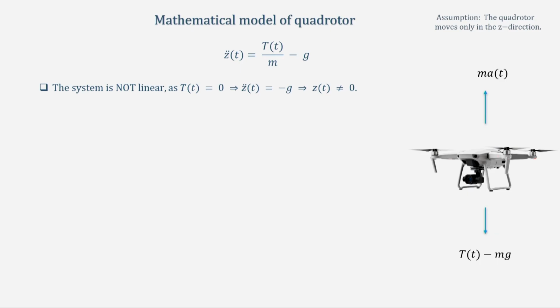So, you are giving 0 input to the system, the output is not 0. Remember, in the last class we have seen this type of examples, and we know that directly you can say that this is not a linear system. So, there is a problem.